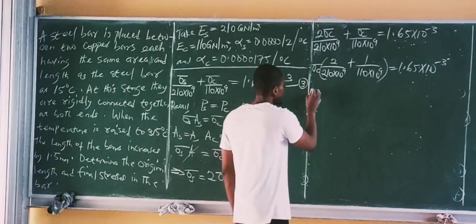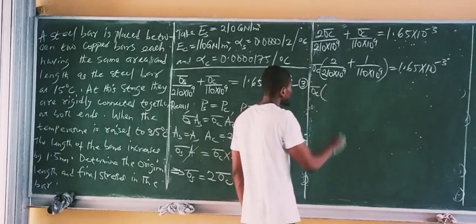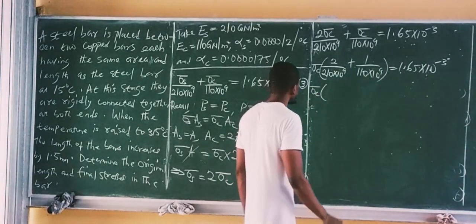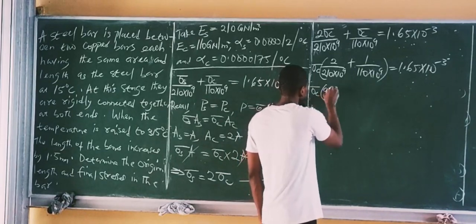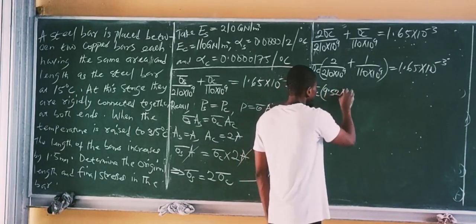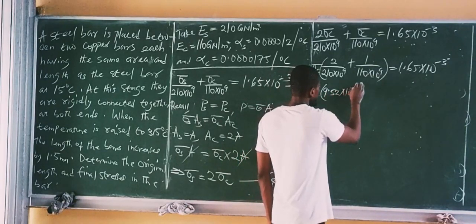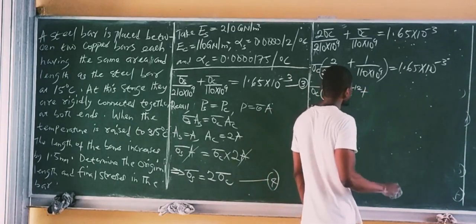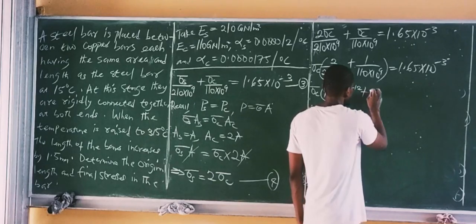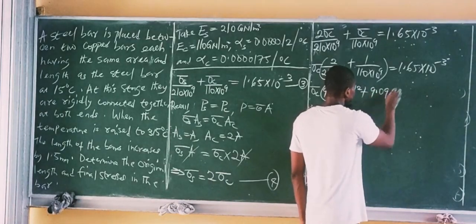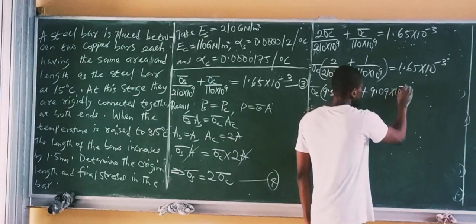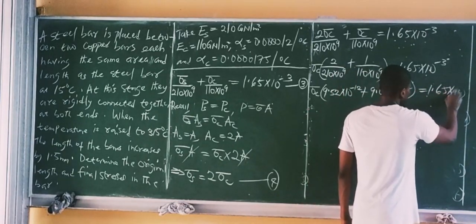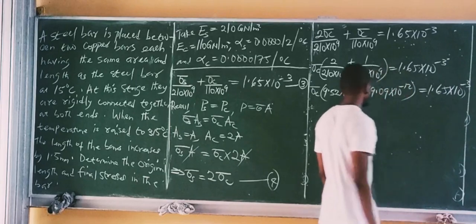Okay. Sigma c is now into 2 over 210 by 10 to the power of 9, which will give us 9.52 by 10 to the power of negative 12, plus 1 over 110 by 10 to the power of 9, which will give us 9.09 by 10 to the power of negative 12. And that's equal to 1.65 by 10 to the power of negative 3.